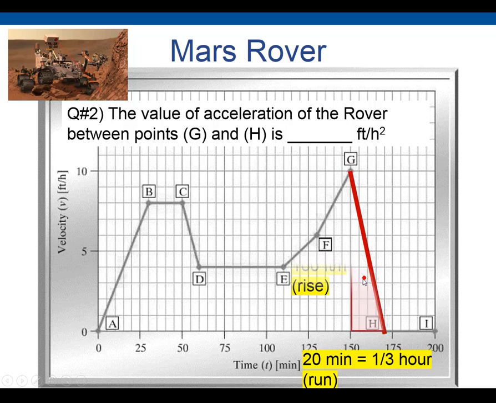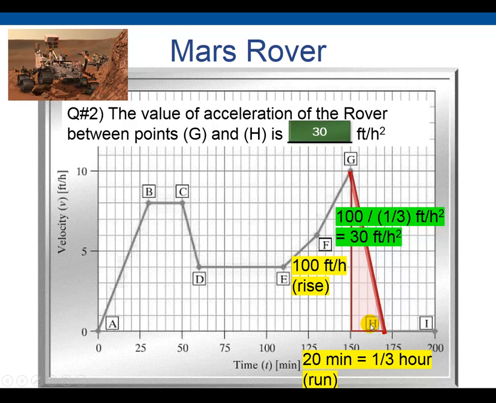We can calculate this slope. Slope is acceleration, so this is a numerator and denominator. The acceleration of the rover is 30 feet per hour squared, which means it's negative 30, so the velocity decreased.